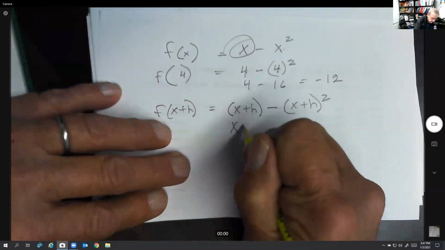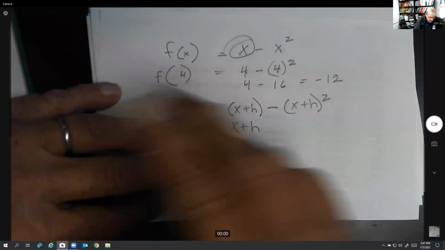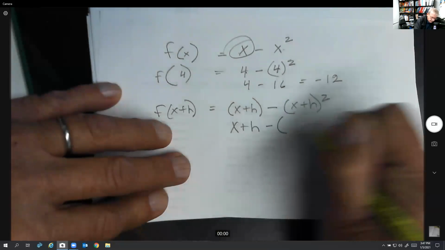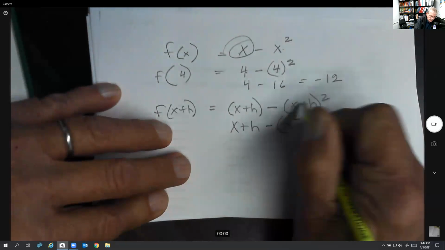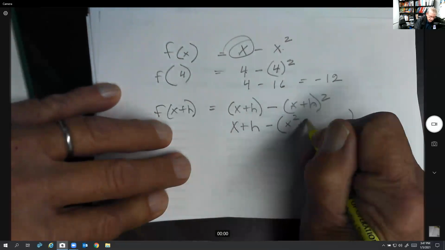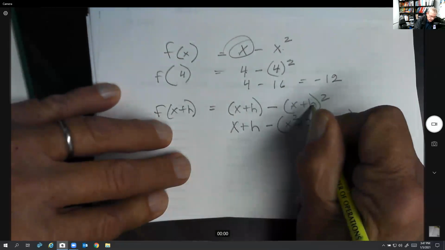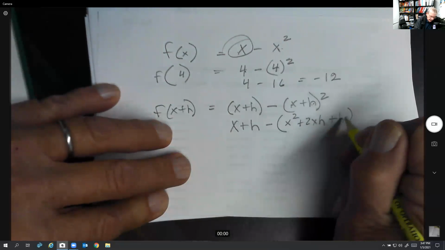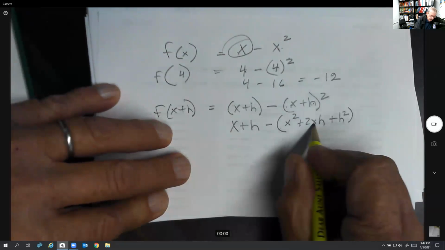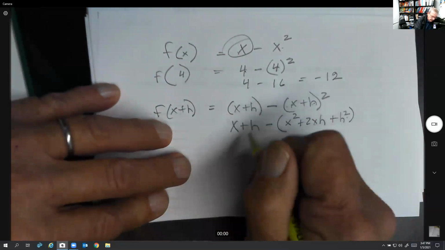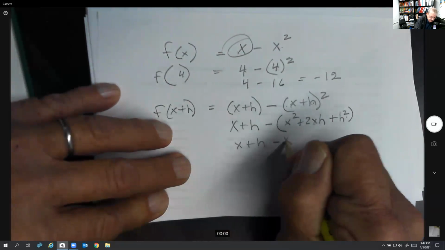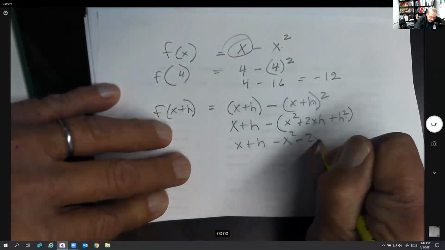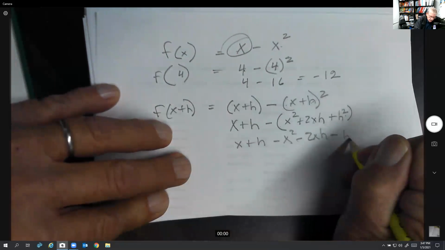So this one, we're not doing anything to it, just x plus h minus, but we want to keep the parentheses there. Square, multiply and double, square. I'm doing it pretty fast. Square, double, square. Distribute the minus sign: minus x squared, minus 2xh, minus h squared.